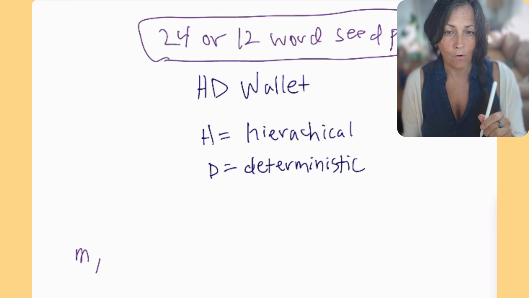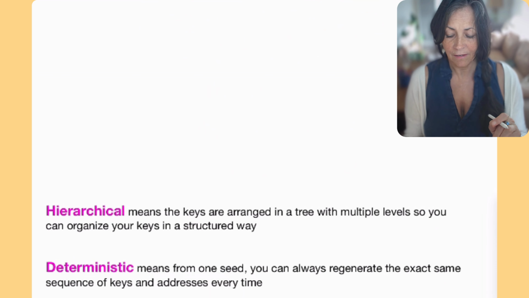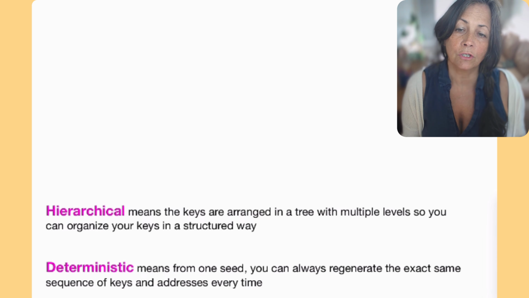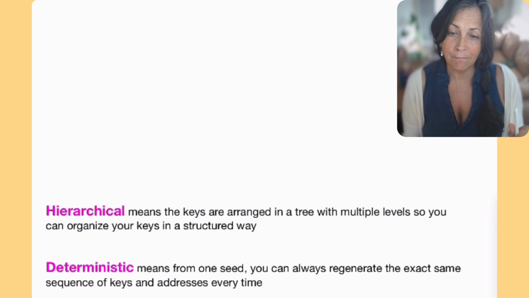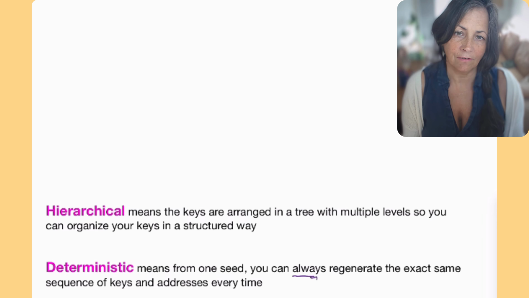So definition-wise, we all know hierarchical means, in this case, the keys are arranged in a tree with multiple levels so you can organize your keys in a structured way. Deterministic means from one seed, you can always generate the exact same sequence of keys and addresses every time.